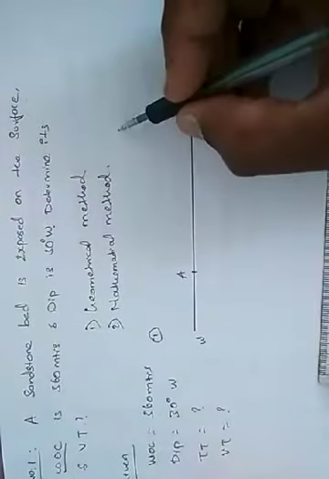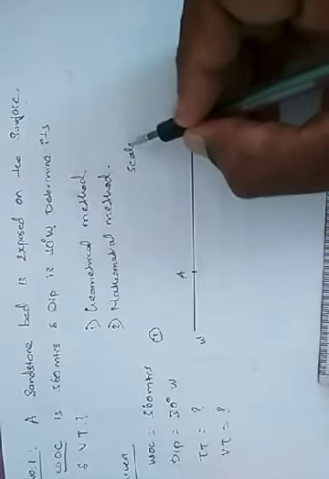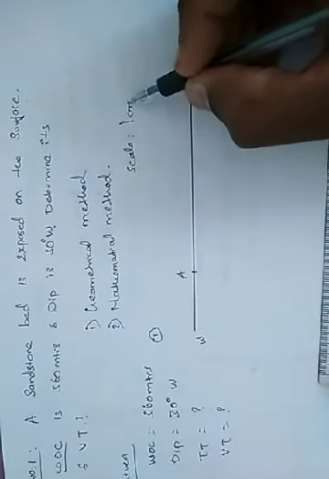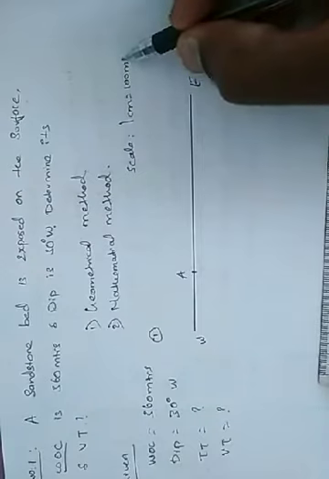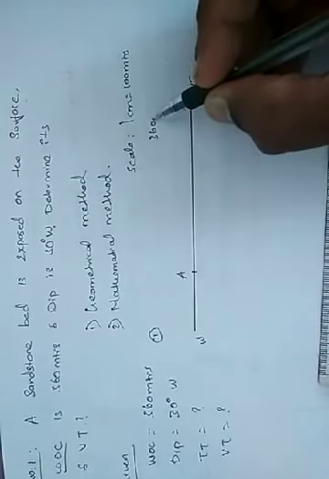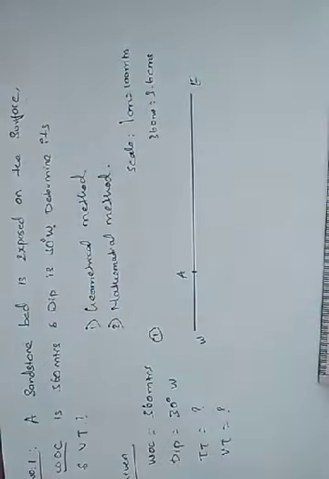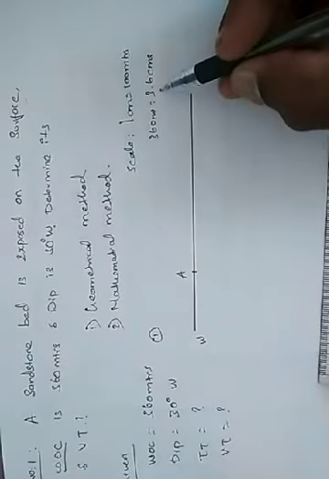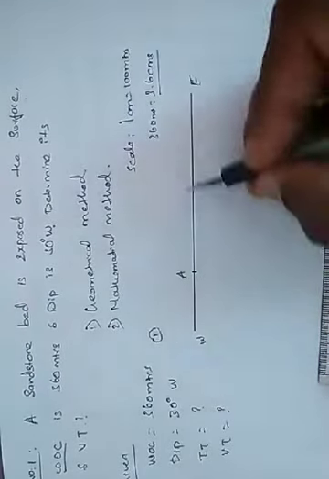I will take scale as 1 centimeter equal to 100 meters. So 360 meters will be converted to 3.6 centimeters.